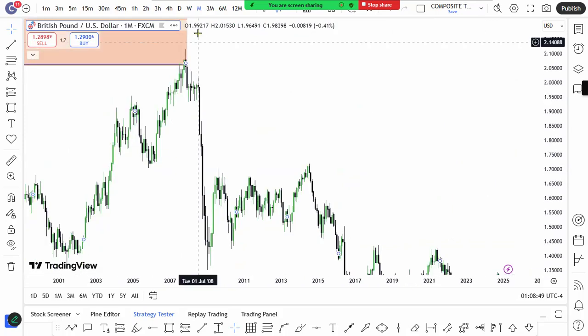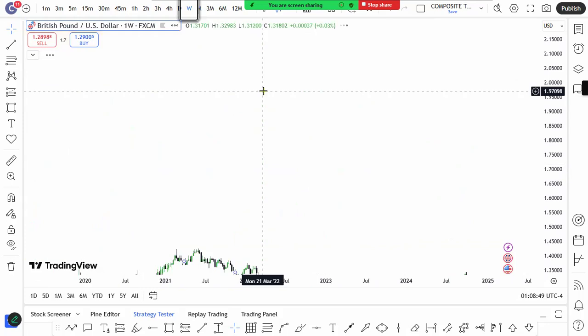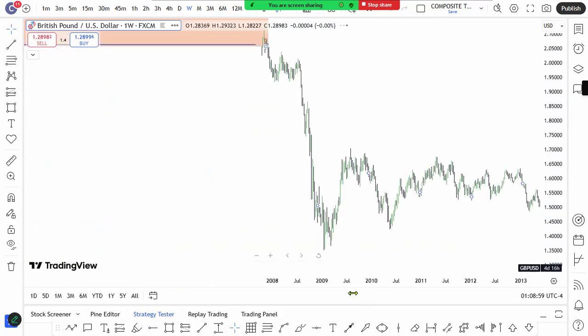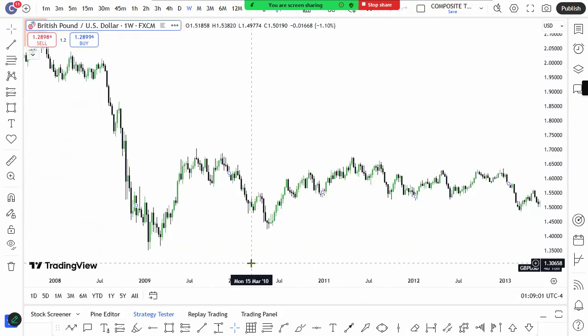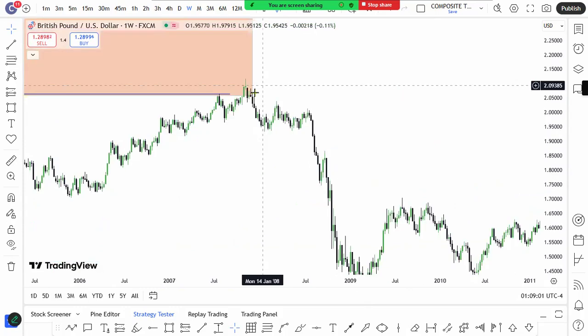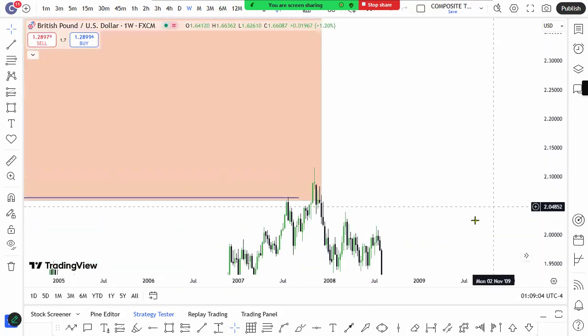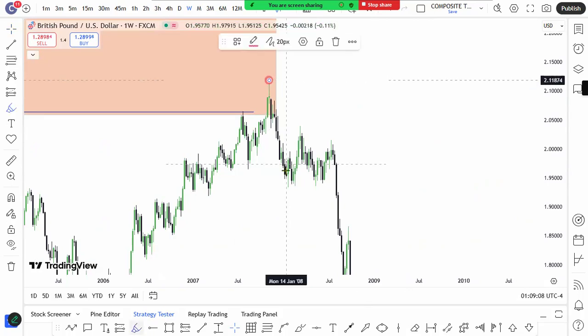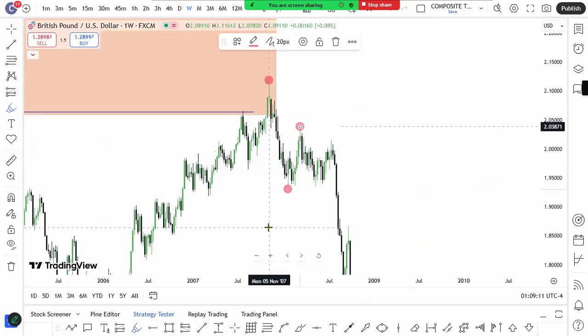And let's go to the weekly. Now on the weekly time frame, you can be looking at this leg. From that particular high, you can tell that the price was still a high, a low, a high.